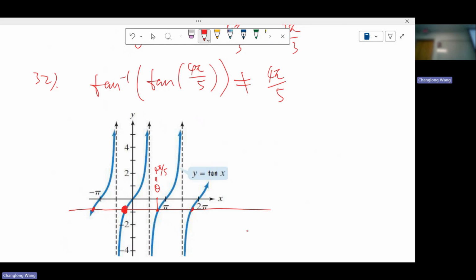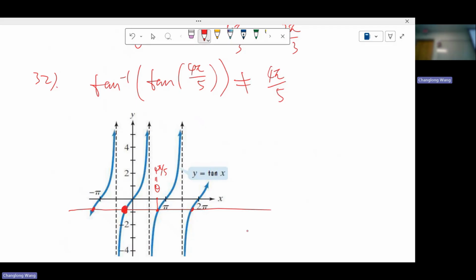But do you see that you go to the left by exactly 1 period to get that point, right? You guys do remember that the period of the tangent function is pi. That's the special thing about tangent, right? So if you add or subtract pi from any angle, the tangent is going to return the same answer.